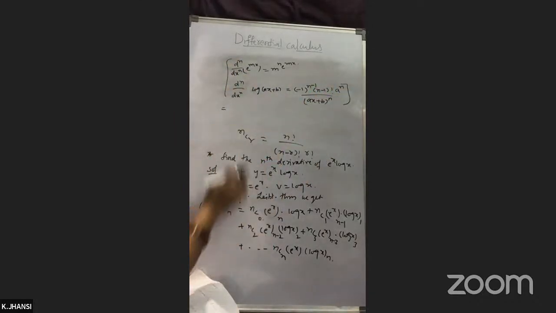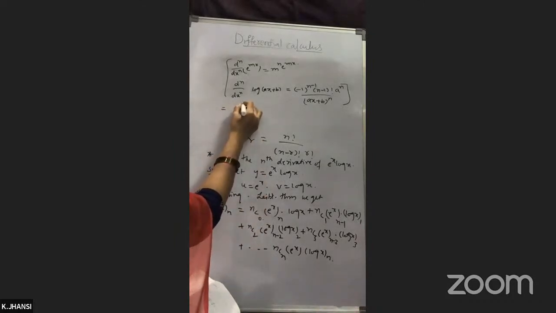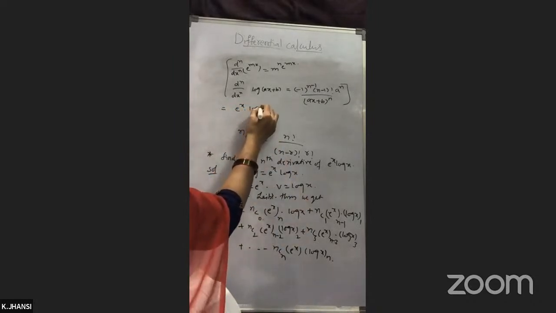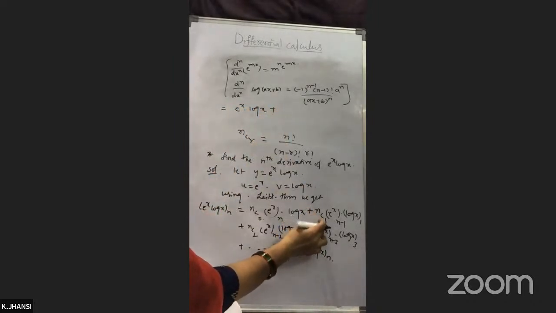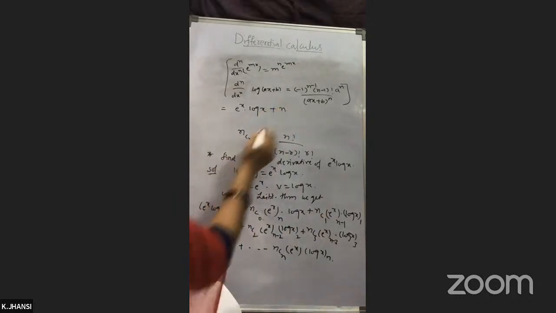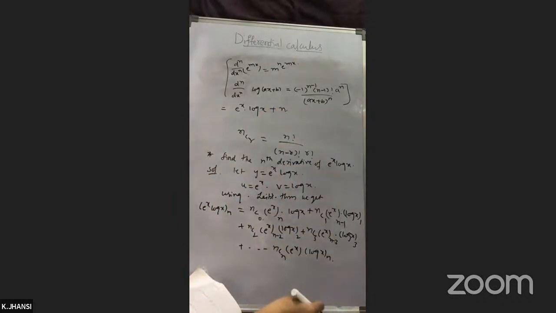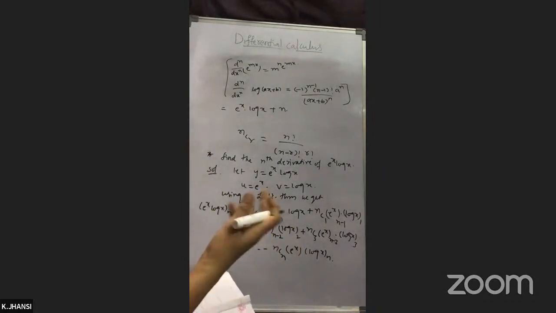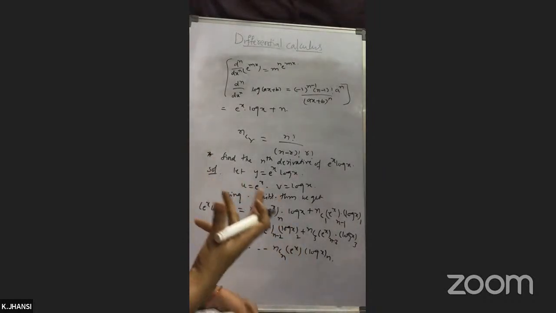After that, for this one, this is equals to nC0 value is 1. So e power x nth derivative is e power x only into log x plus nC1, means you will get n into e to the power of x, into the (n minus 1)th derivative of log x. Any time you do the differentiation of e power x, you will get e power x only.